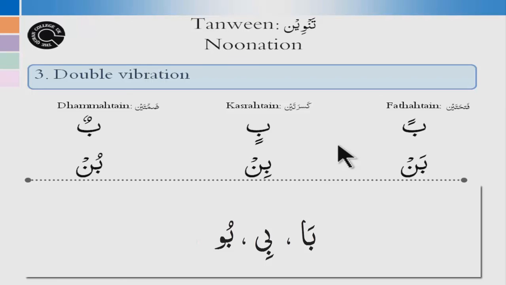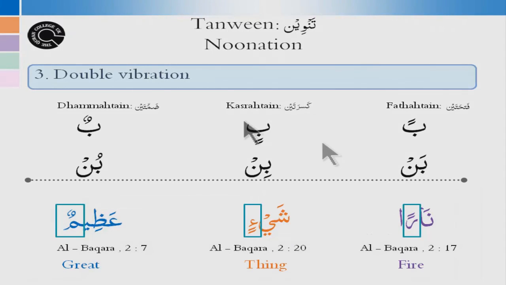One of them was alif madda, another was waw madda, and the third was ya madda, because these all were stretching the sound of the letter before it. And the last, you have seen the double vibration where the 2 vibrations come on the top or below it, producing a sound of an at the end with the noon sakin sound that you see here.